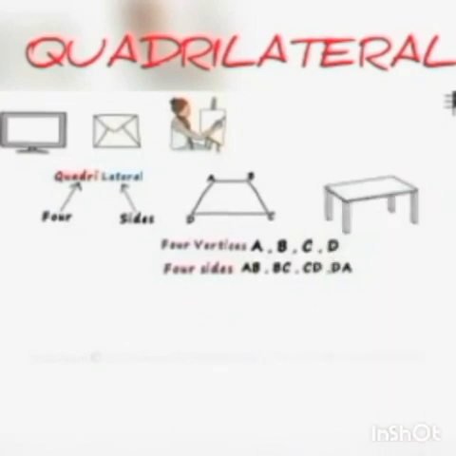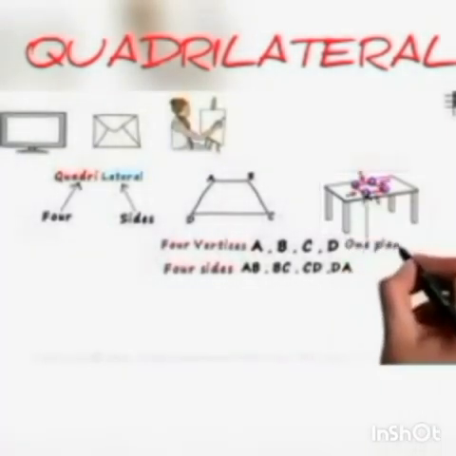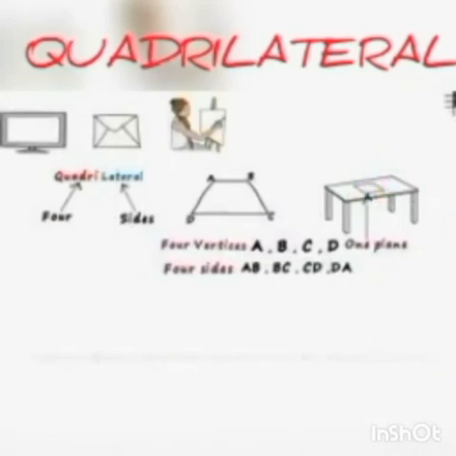If I draw a quadrilateral on a table, you can see that all the 4 vertices and the sides lie on one plane surface. So, a quadrilateral has 4 sides, 4 vertices and it lies on one plane.